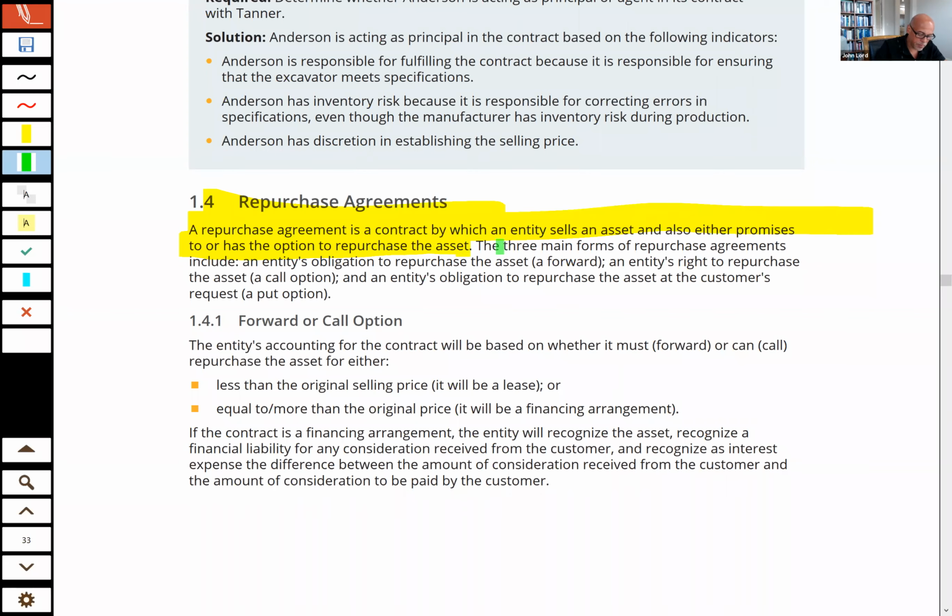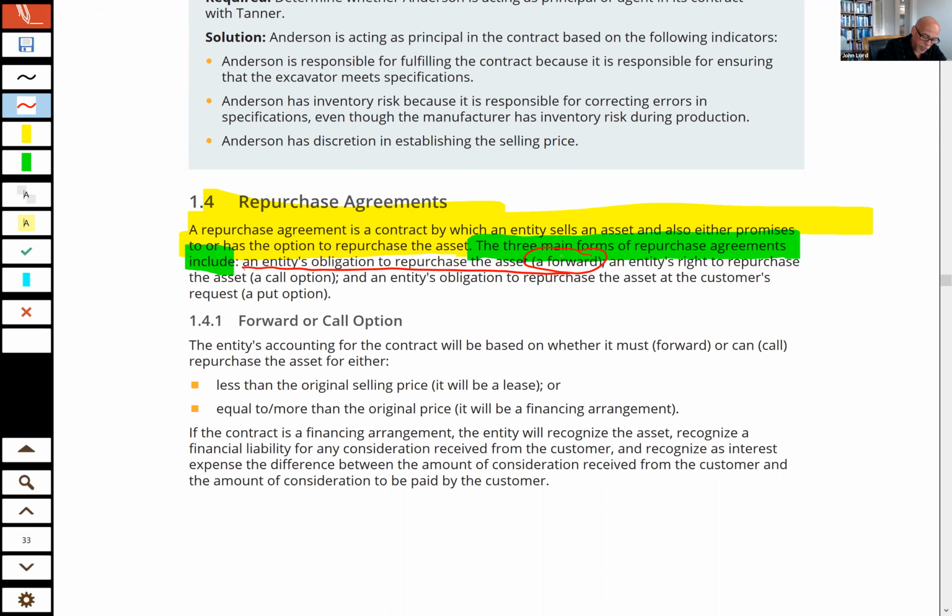Okay, now there are 3 main forms that we're going to talk about here of repurchase agreements, which includes the entity's obligation to repurchase. And again, the reason I'm calling this a little bit minutia, very technical, jargonistic term here, that's a forward.